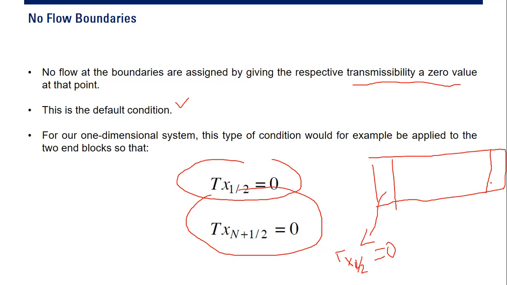And here the transmissibility T at x n plus half equals to 0. So on the left and on the right, the transmissibility are 0, no flow. That's for our one-dimensional system.